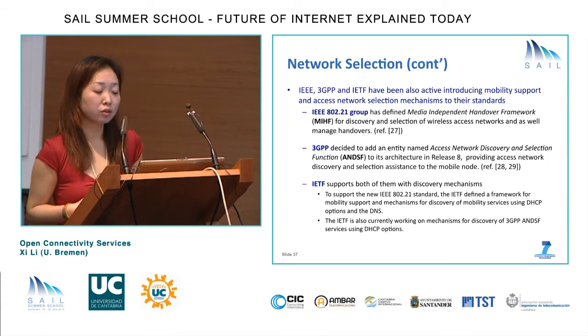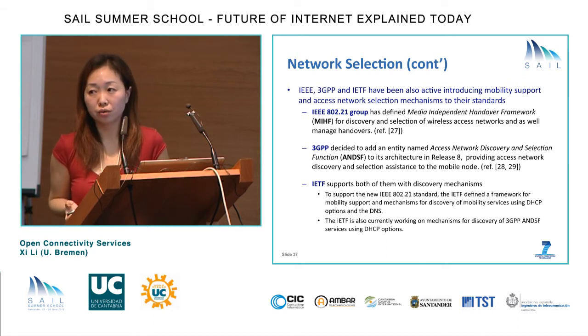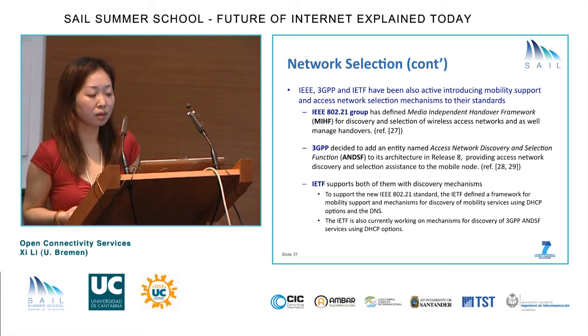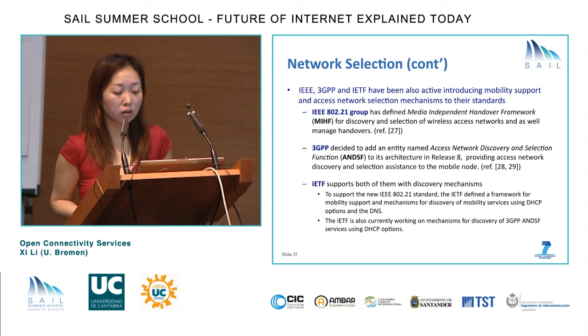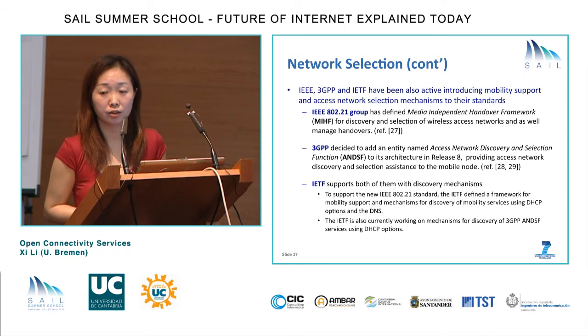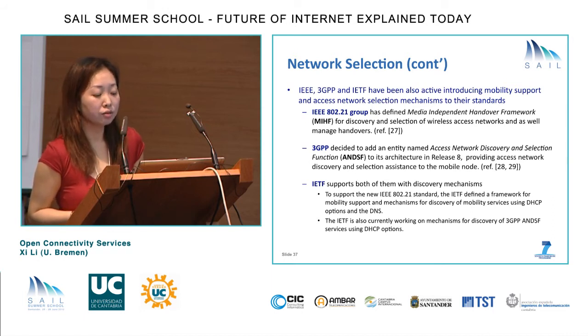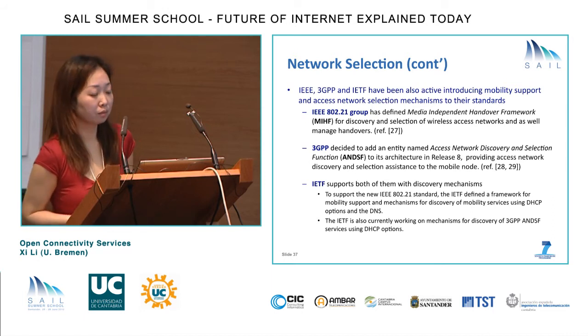By using that, they try to provide seamless handover between IEEE systems and non-IEEE systems, for example, cellular networks. In addition, 3GPP has also done some work in the area of access selection, and defined the access network discovery and selection function in the architecture in Release 8. They use this function to provide access network discovery and selection assistance to the mobile nodes.